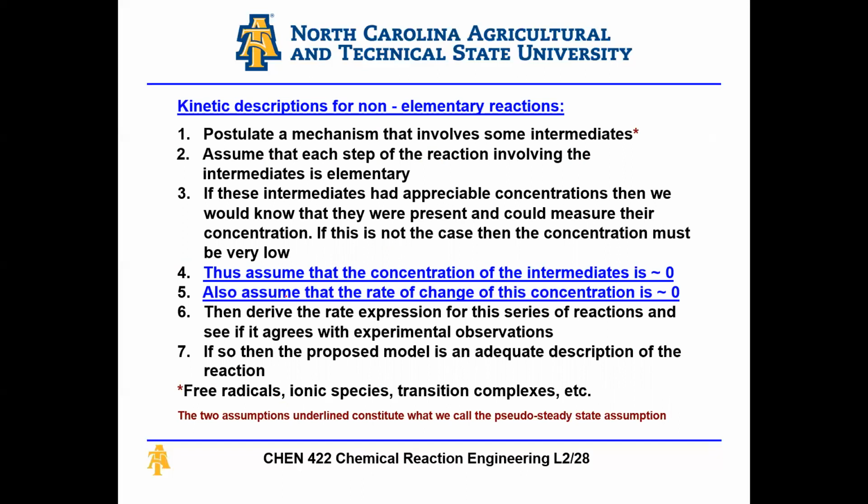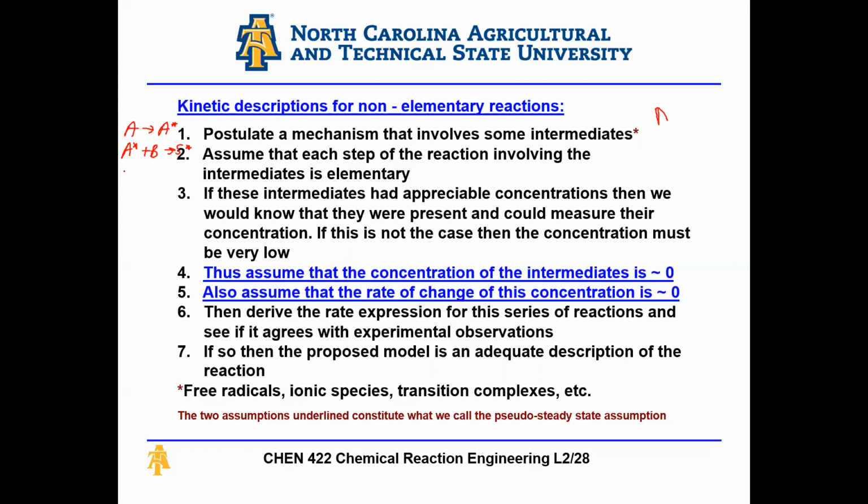You need to postulate a mechanism, just come up with a mechanism. Assume that each step of the reaction involving intermediates is elementary. So, for example, if I have A, I can assume that A goes to A star in an elementary reaction, then A star plus B goes to S star, this second elementary reaction, that type of thing.